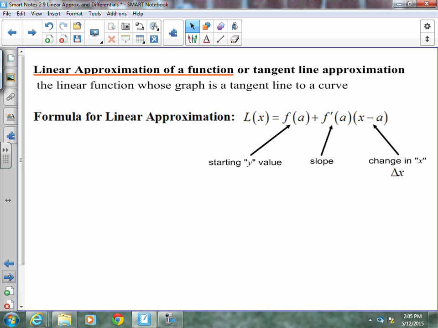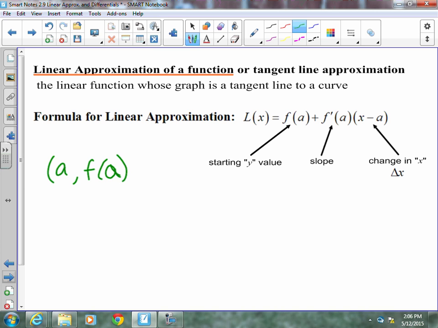So, the formula for a linear approximation is L of x equals f of a plus f prime of a times x minus a. Now, why is that? Well, if we're at the point A, we know its y value is f of a. We know that the slope is going to be f prime of a.